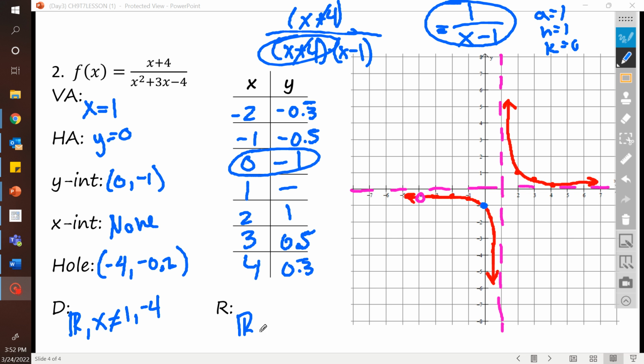For the range, y can't be 0, because that's the asymptote. y also can't be negative 0.2, because that's where the actual hole is in the graph. Right, so this is our graph here for this problem. And that is it for the third part of graphing rational functions here.